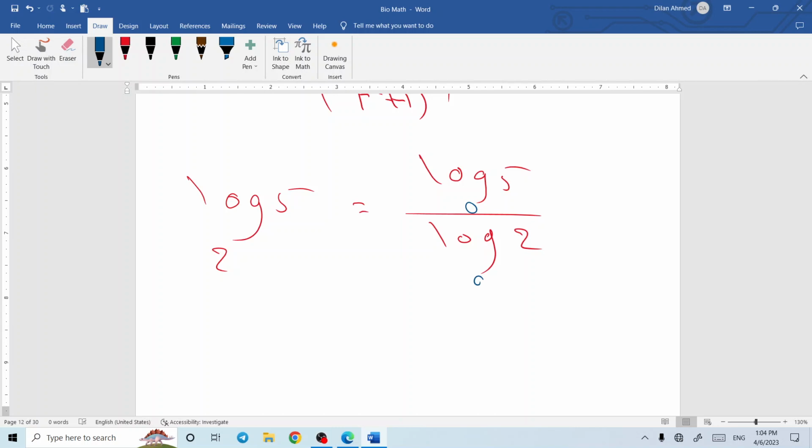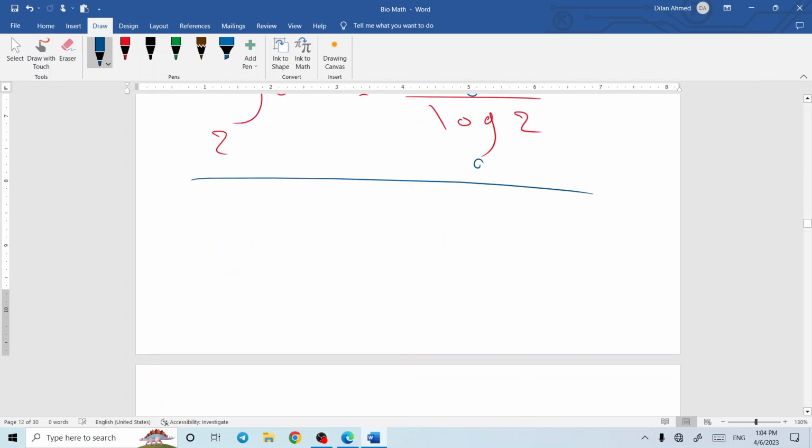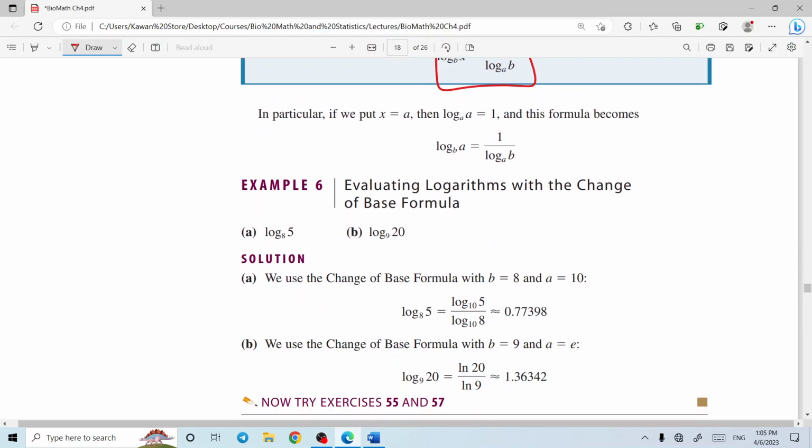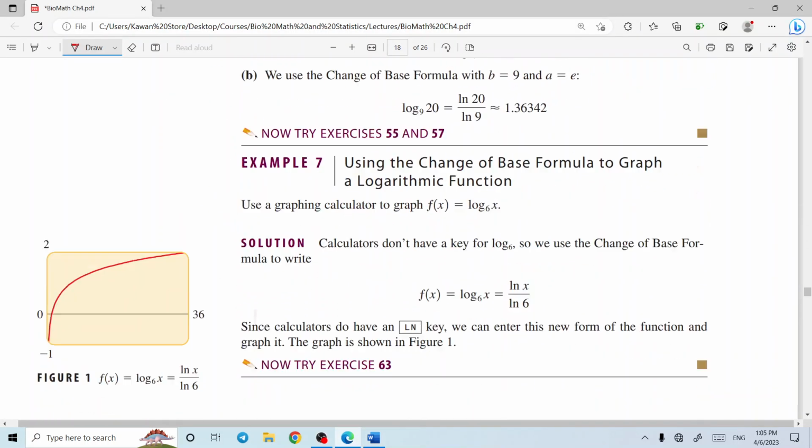Understood what I say? If you have a calculator that gives you log of 2, and I say find this one for me, you say log of 7 over log of 2. You got it? Maybe your keyboard is not working nicely. When number 2 is not working, you can use another number. And you'll get the same result. That's all about how to use this property. Thank you for listening.